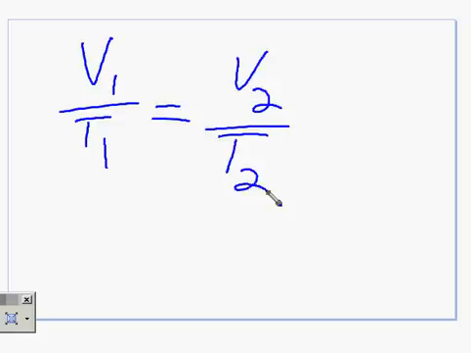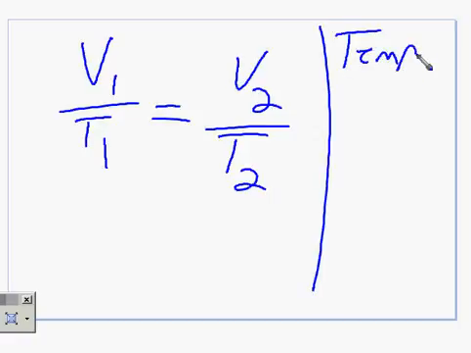Now, a little caveat here. Temperature must be in Kelvin. Why can't we just use Fahrenheit? Because Fahrenheit has a negative scale, Celsius has a negative scale. Okay? Kelvin doesn't have a negative, it has an absolute starting point. So all we're looking for is the change in temperature.